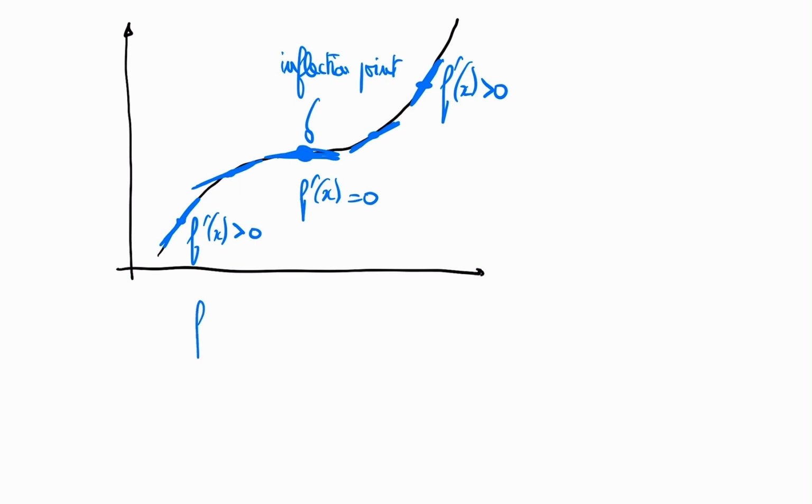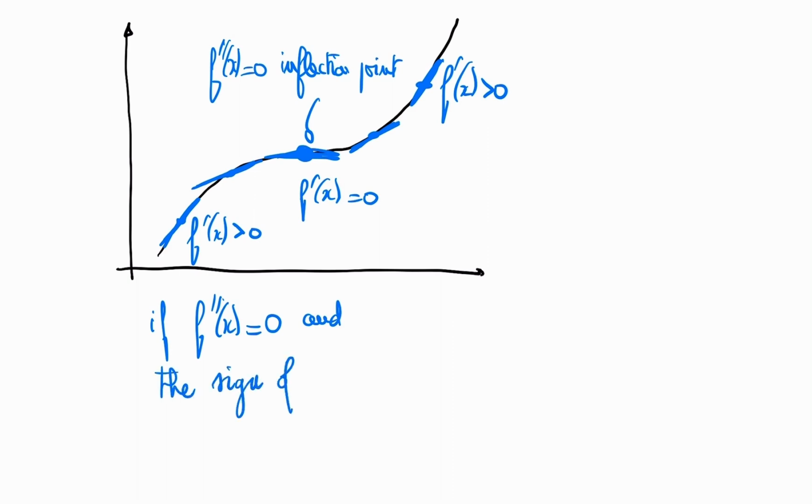At that particular point, f double prime is equal to 0. So if f double prime is equal to 0 and the sign of the first derivative does not change, then we have an inflection point.